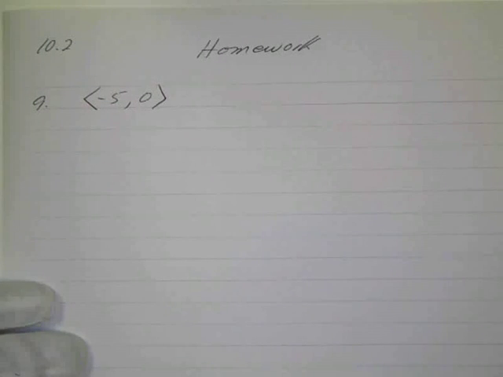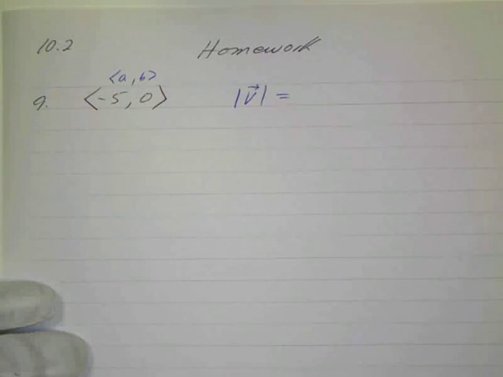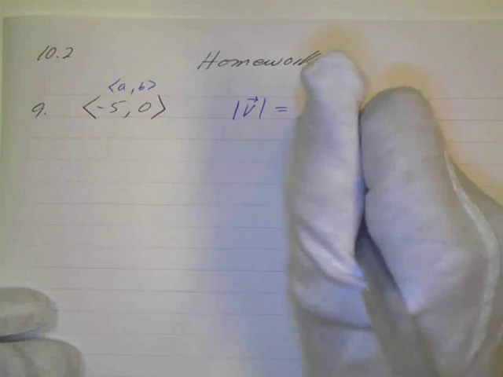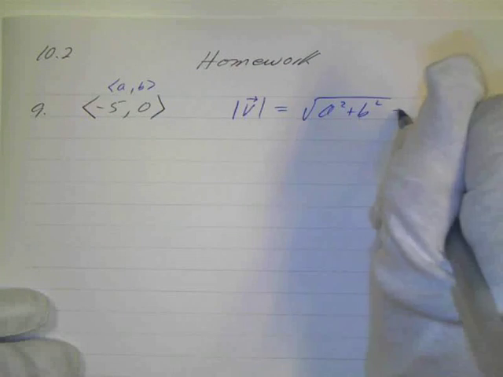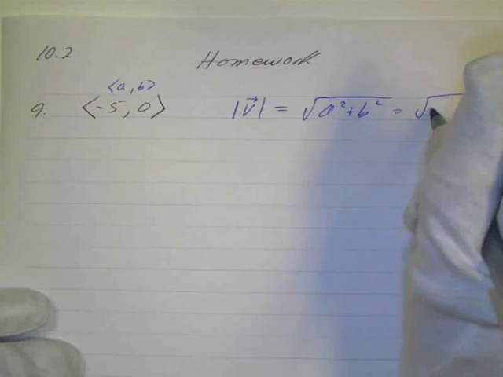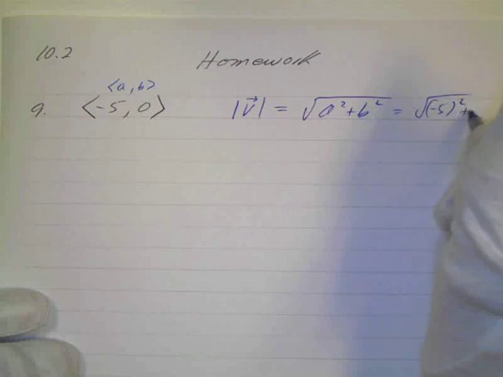Okay, let's take a look at number 9. Same thing, we want to find the magnitude. Again, this is A and this is B. The B is 0, so the magnitude of the vector, we call the vector V, and that's the notation for the magnitude, is just going to be the square root of A squared plus B squared, which is the square root of negative 5 squared plus 0 squared.